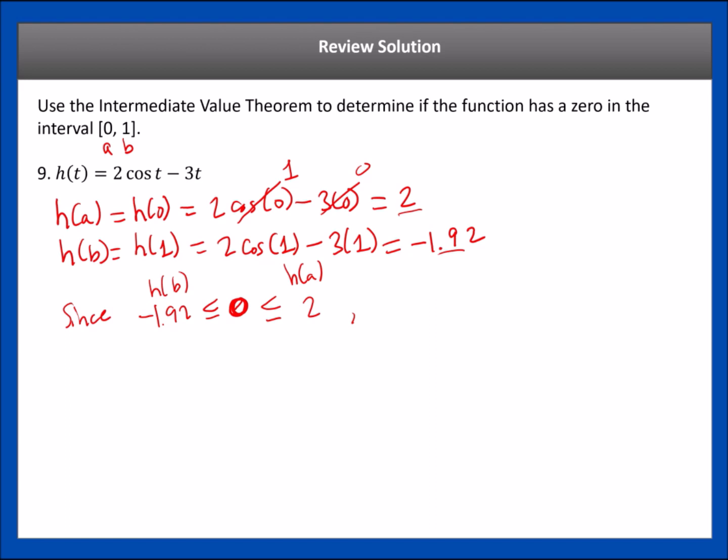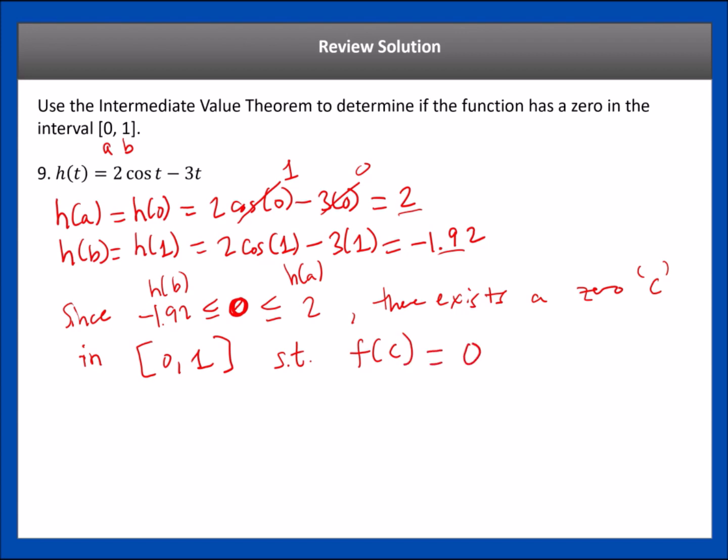Since this is true, that means there exists a 0, which we'll call C, and C is in the interval (0, 1), such that f of C is equal to 0. Okay. So basically what we're saying is that because we end up having a negative number here and a positive number here, 0 is between those two numbers, which means that there exists a 0 in that interval (0, 1).